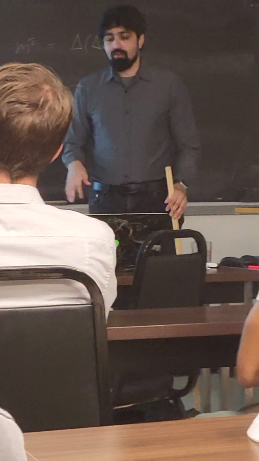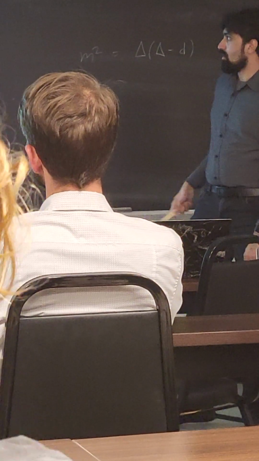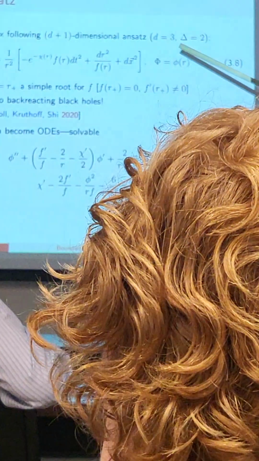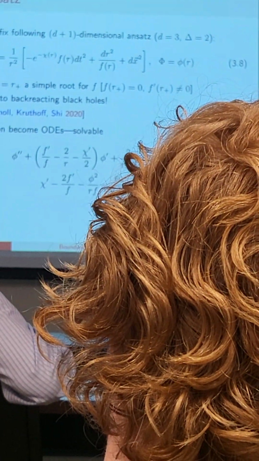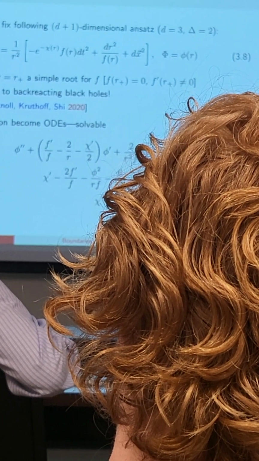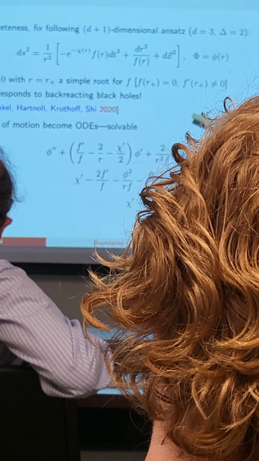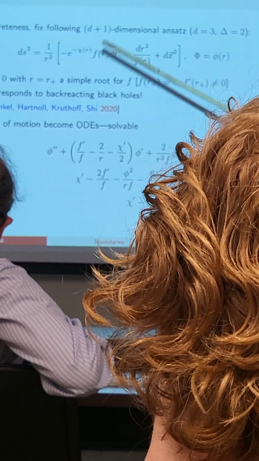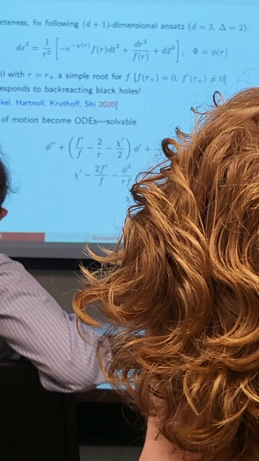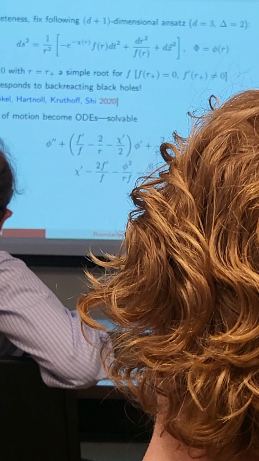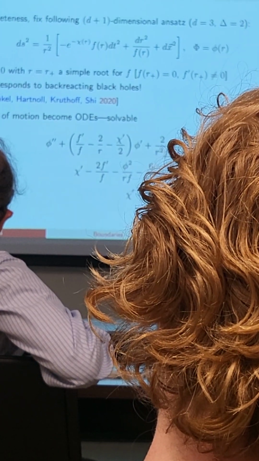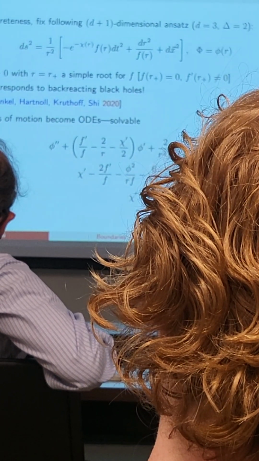Okay, so for concreteness, I'm going to consider the following ansatz, with d equals 3, delta equals 2, for my bulk geometry and my scalar field. So I assume my scalar field has some radial profile, and my metric looks like this. The f has some simple root at r equals r plus, so this actually corresponds to a back-reacting AdS black hole.